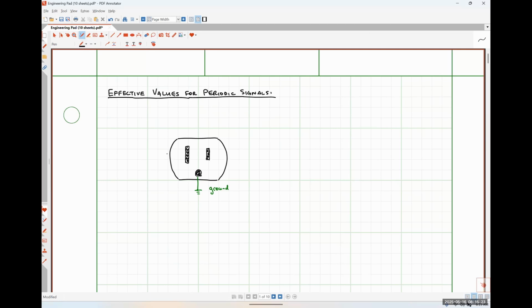Then this guy over here is our connection to the neutral bus of our load center or circuit breaker panel.